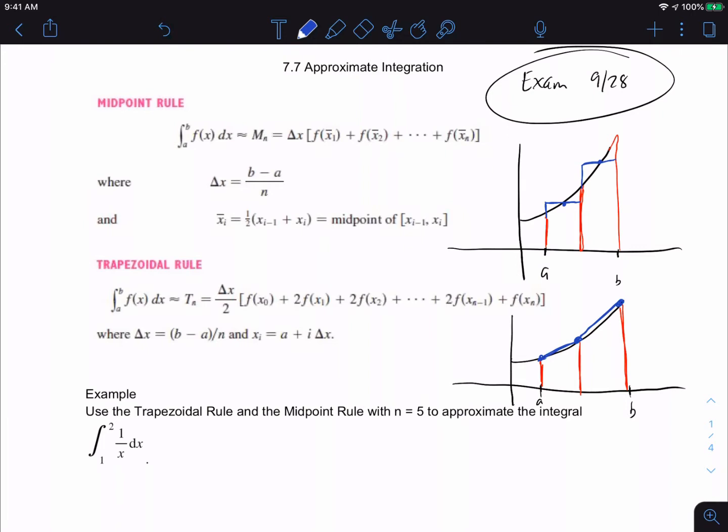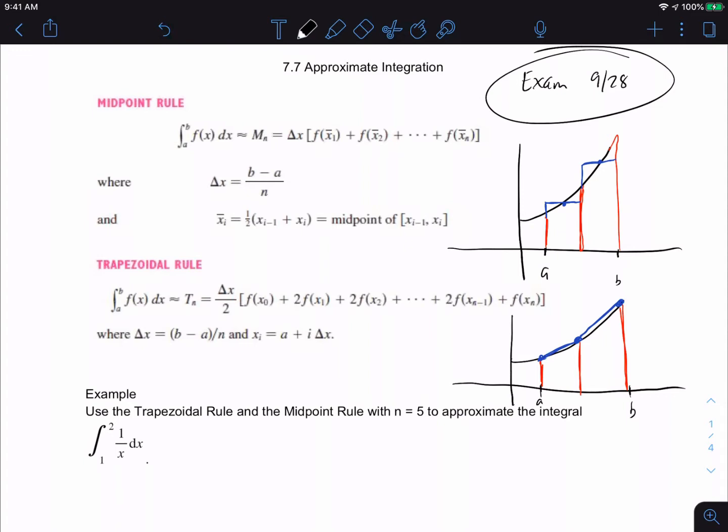But these are the two. Midpoint, you're going to take the width, find the middle x value, and then plug that into the function to find your height. Trapezoid, you're going to take the two ends and create a trapezoid and be able to solve it that way. These are the two equations that you'll use for midpoint and trapezoidal.